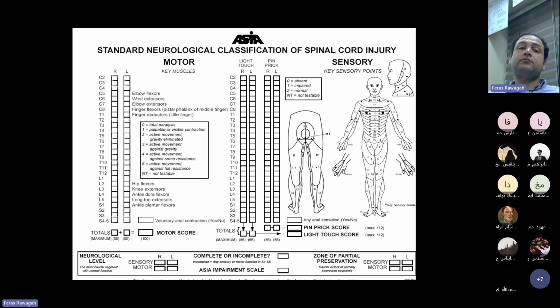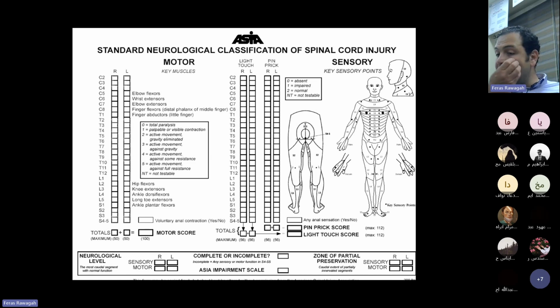So remember, any patient with a spinal cord injury should have this chart. He should be examined for each dermatome, each myotome, each reflex and the digital rectal examination, and everything should be documented at each stage of treatment.